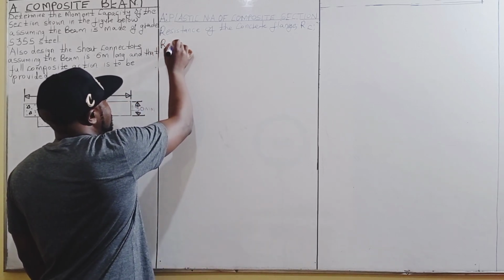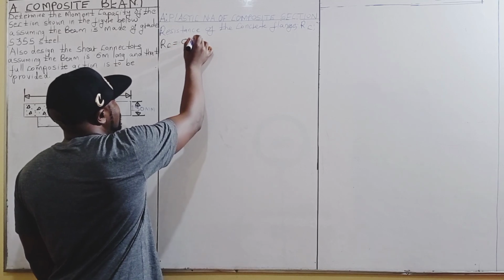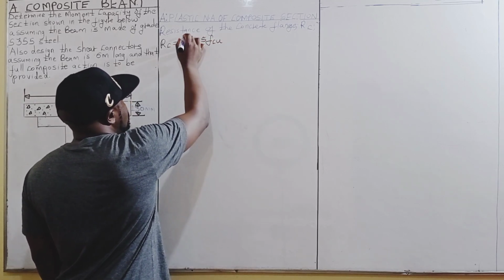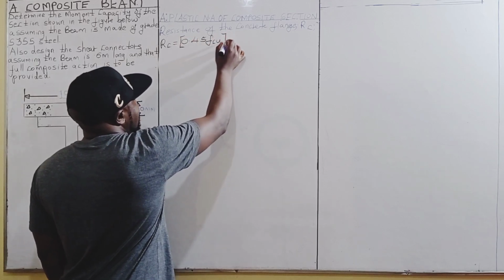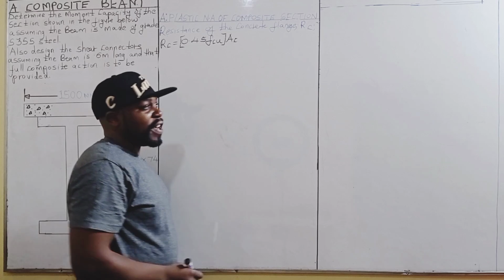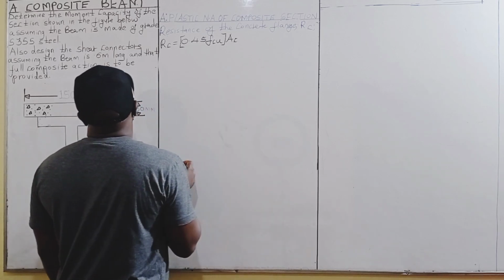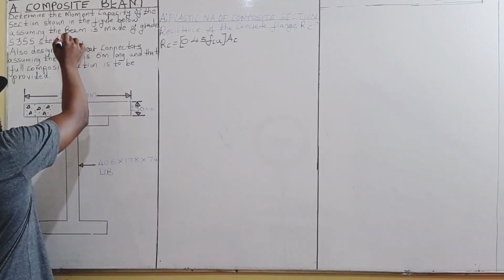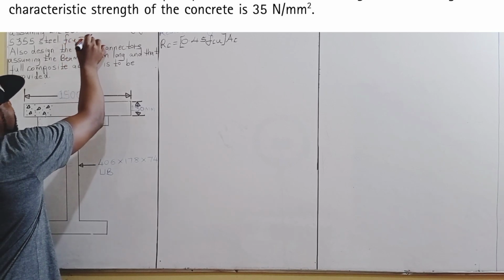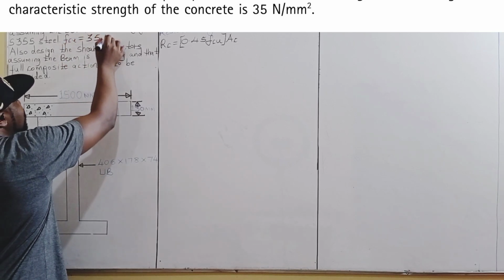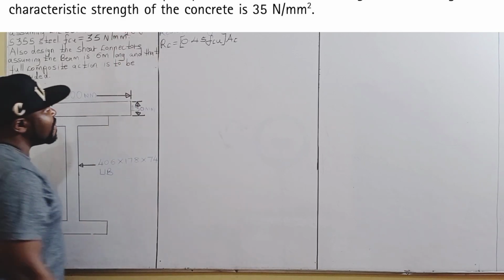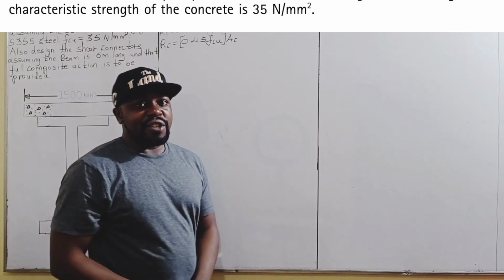RC is equal to 0.45 FCU multiplied by the cross-sectional area of the concrete flange. In this case, FCU, that is the characteristic strength of concrete, is 35 newtons per square millimeters. I had forgotten to include it there.